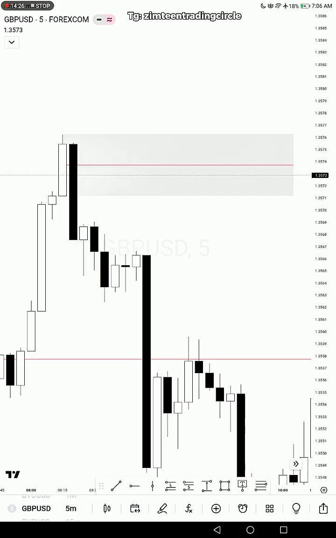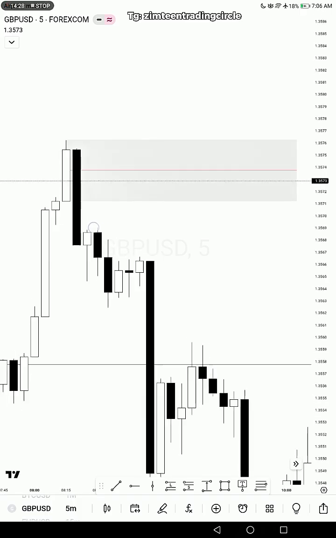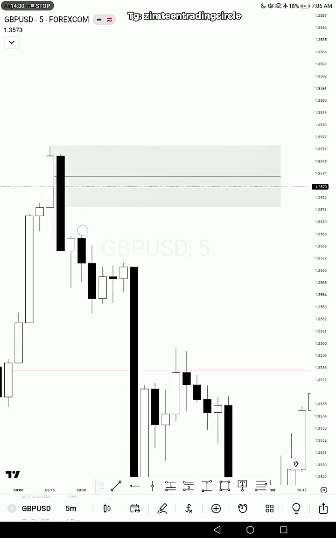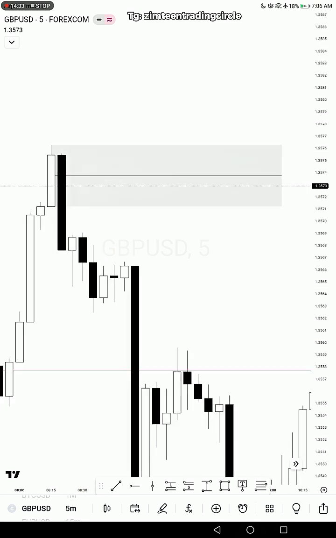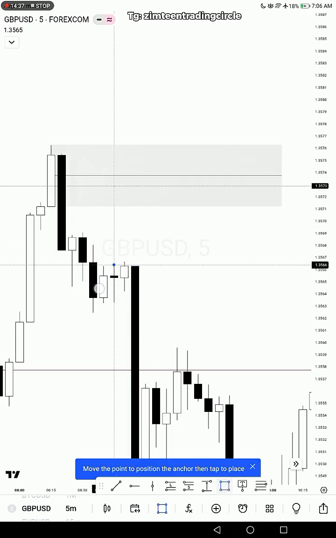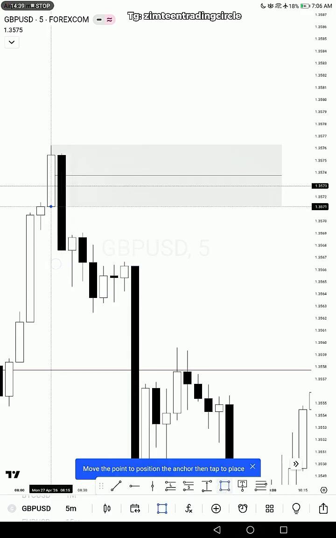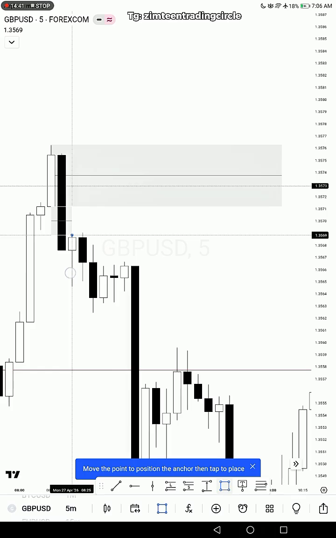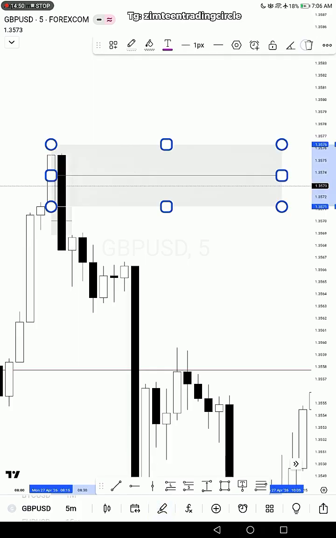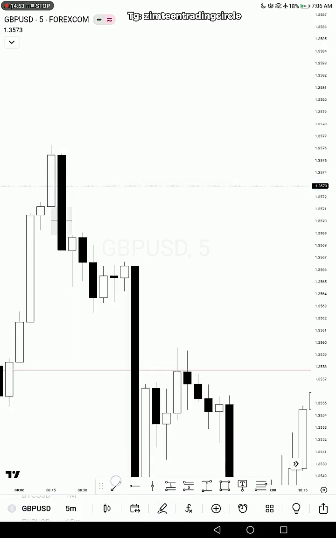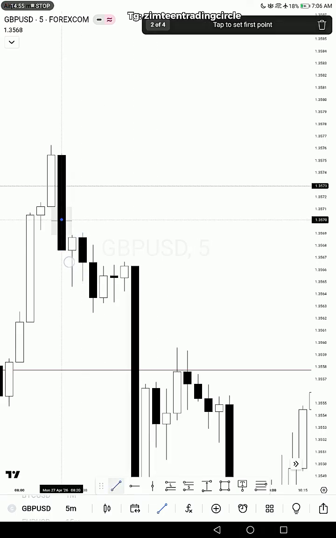So right here on the 5-minute time frame, this clean retracement, because this is our FVG right here, our fair value gap, from this low to here is our fair value gap. So let's just mark this as our order block.